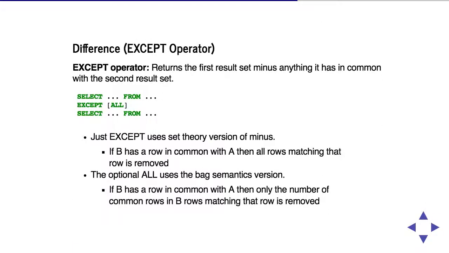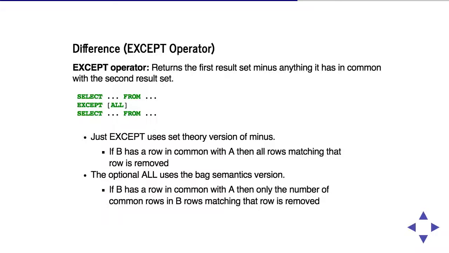Same for except, we return the first result set minus the other result set. Just EXCEPT returns the set-theory kind of minus, where it doesn't care about the number of duplicates.